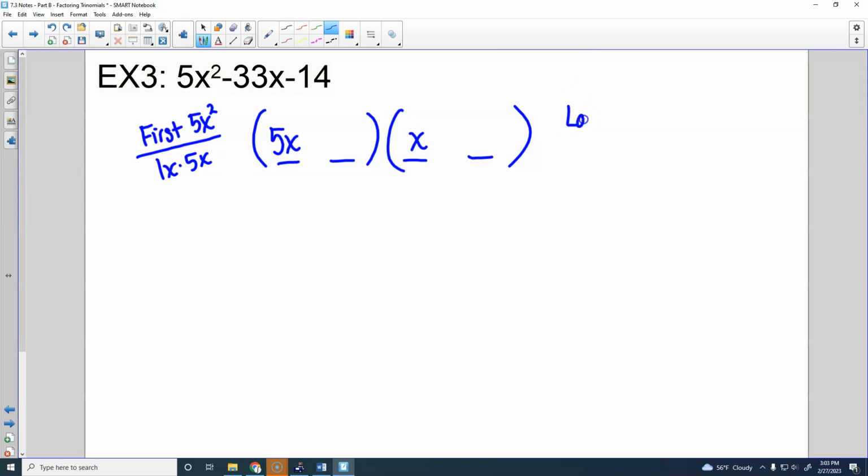For our last term, we got negative 14, so we could do negative 7 and 2, or negative 2 and 7, negative 14 and 1, or we could do negative 1 and 14. All right, Aiden, which one do you want to try?